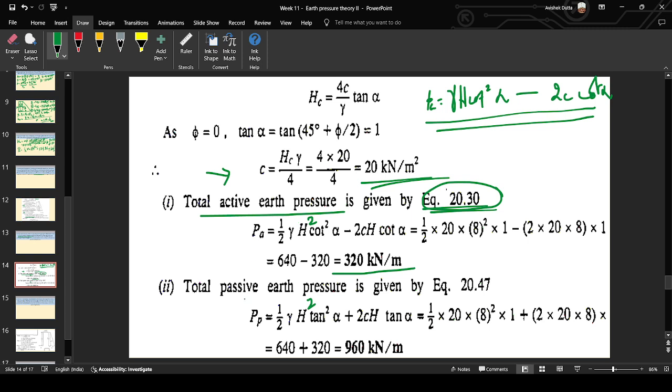Now for the total passive earth pressure also, the value of cohesion increases the magnitude of the passive earth pressure.